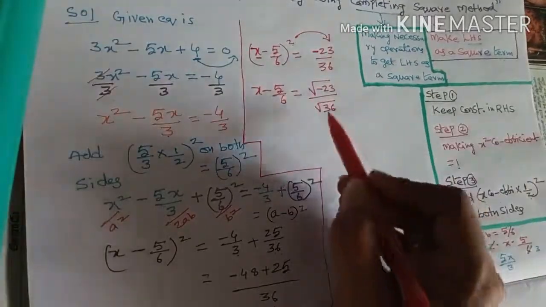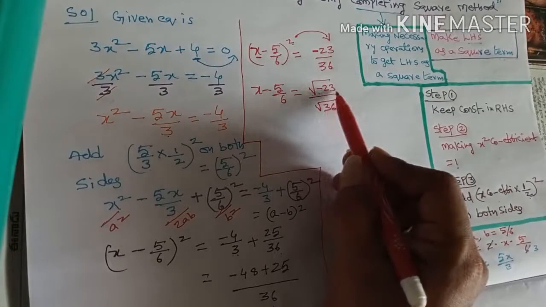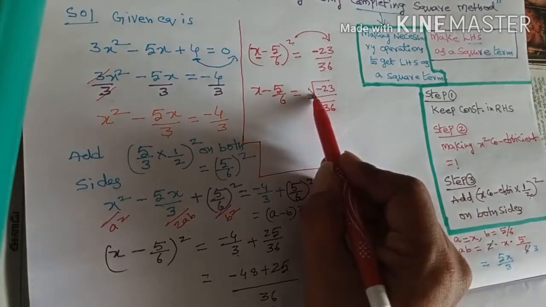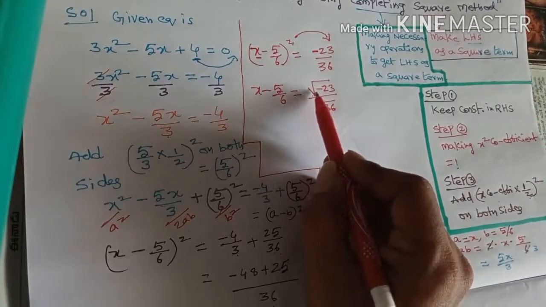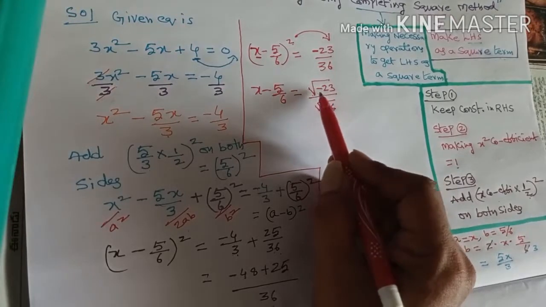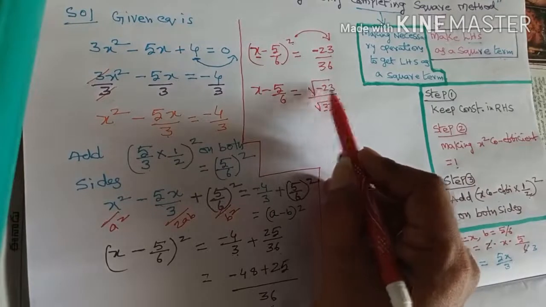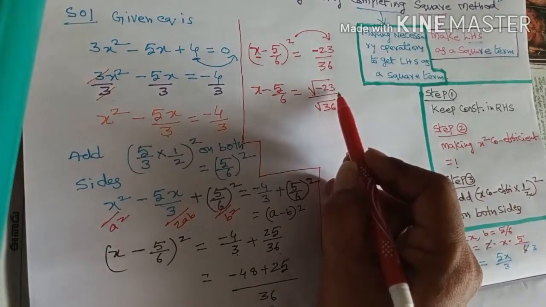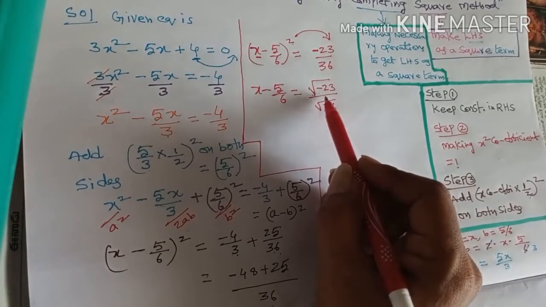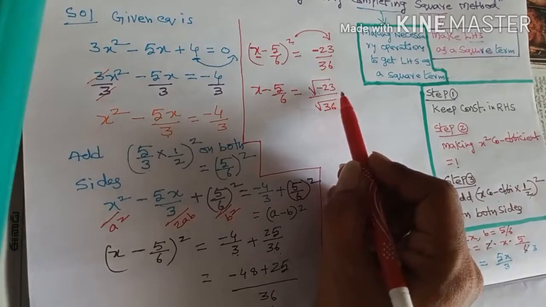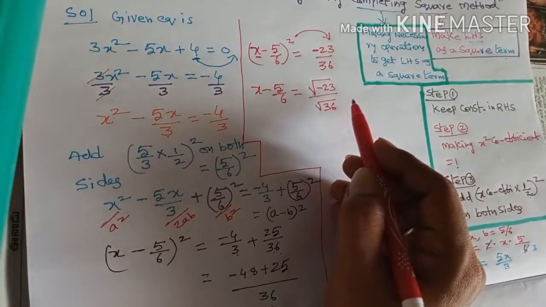You see here root minus 23. Square root is always defined for non-negative numbers. So square root of 23 is defined, but here we have square root of minus 23. It is not defined; its value is not a real number. So there is no scope to find the value of x in terms of real numbers.